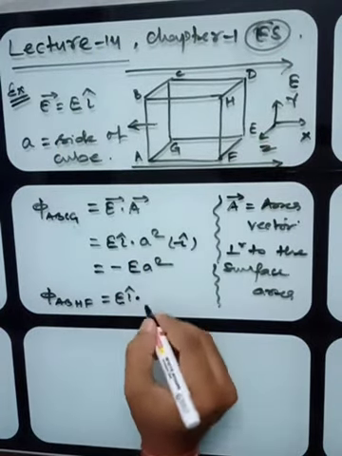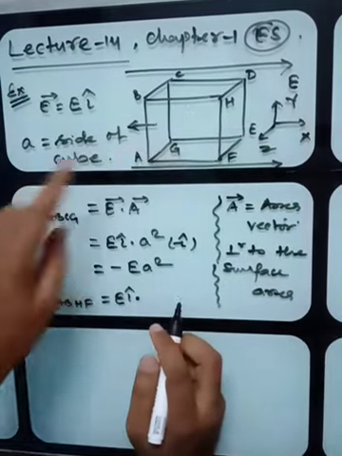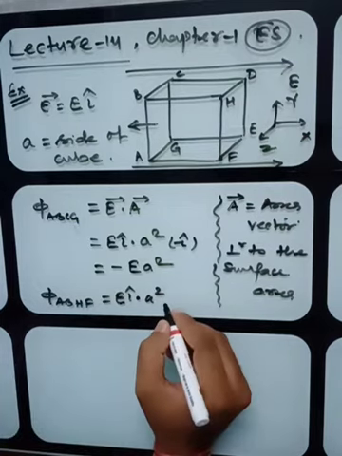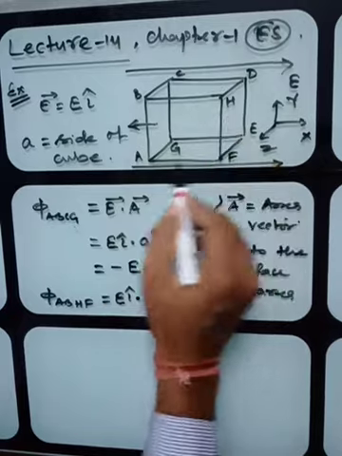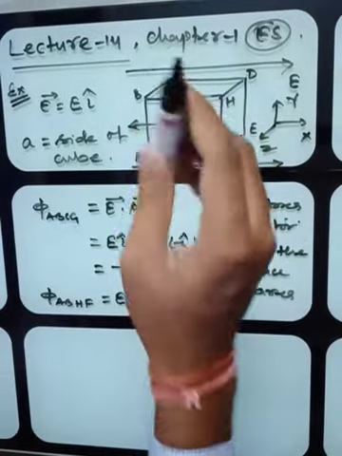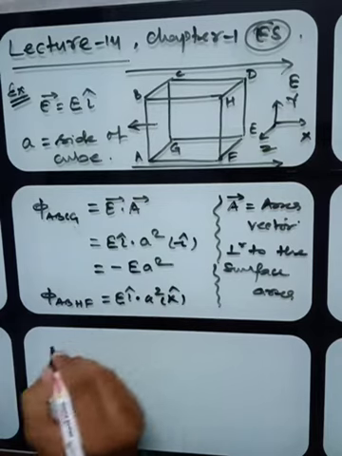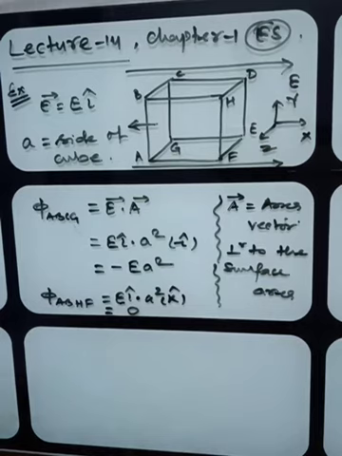Now the area of ABHF: the magnitude is A square, and the direction will be along the Z direction, because the area will be upward, so K cap. And what will be the answer? I dot K will be 0.